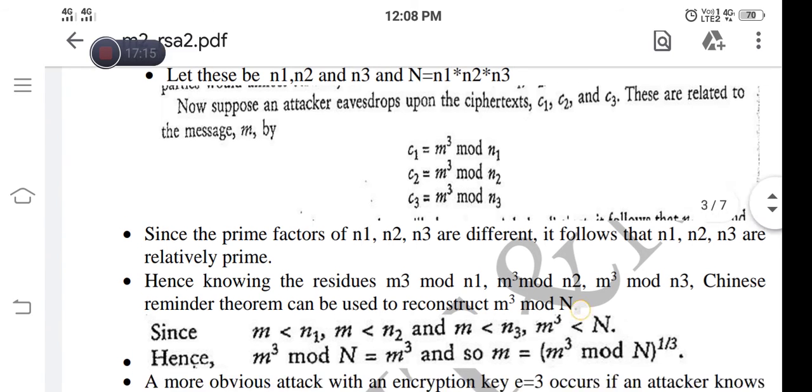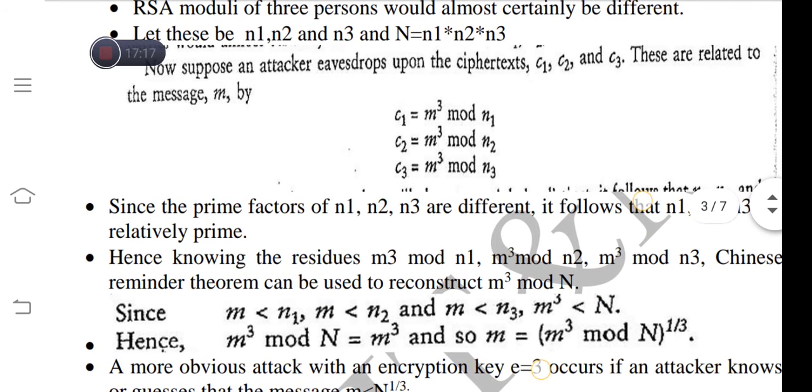Also, M should be lesser than N1, N2 and N3, so obviously M cube must be lesser than capital N. So from this we can tell M cube mod capital N equals M cube.